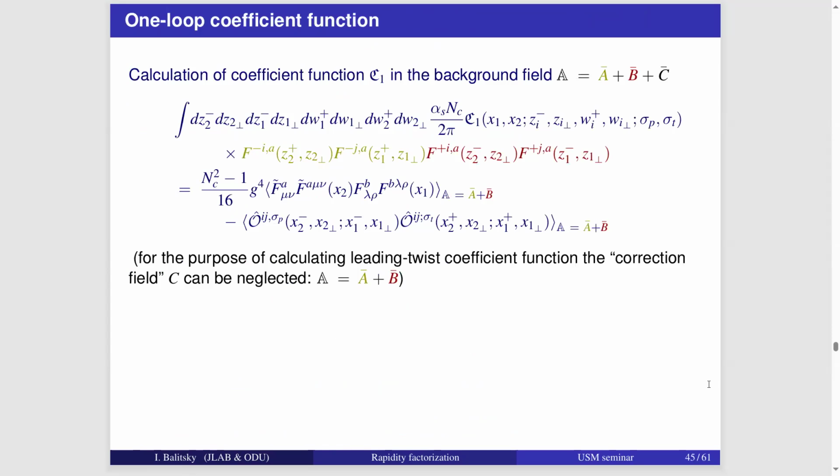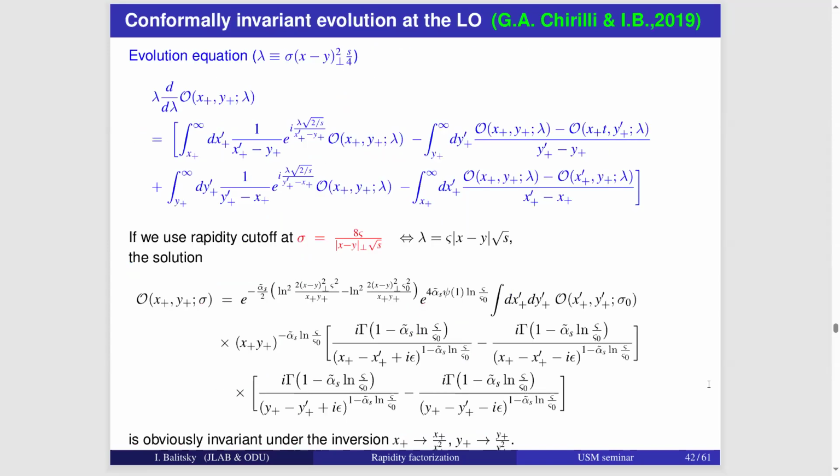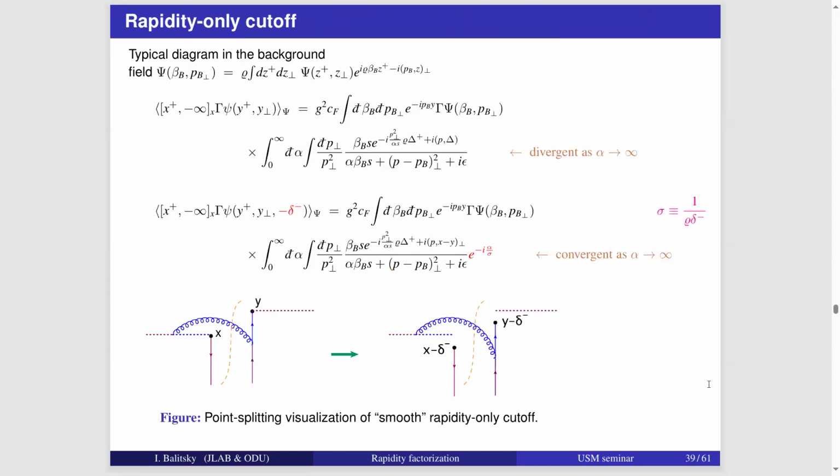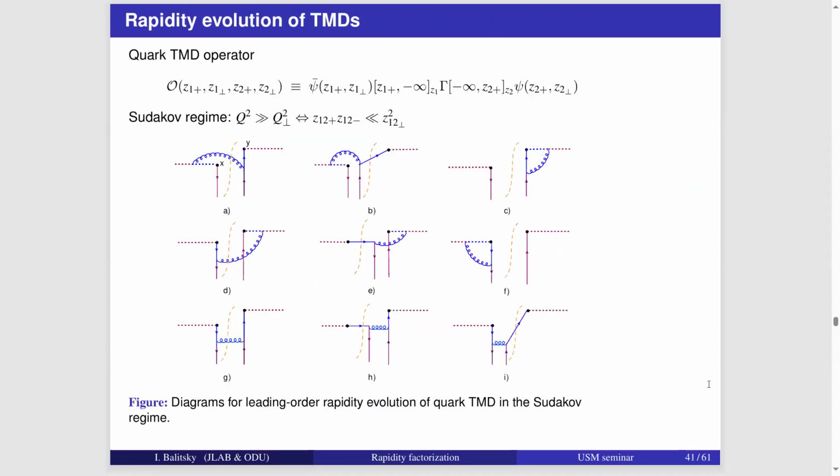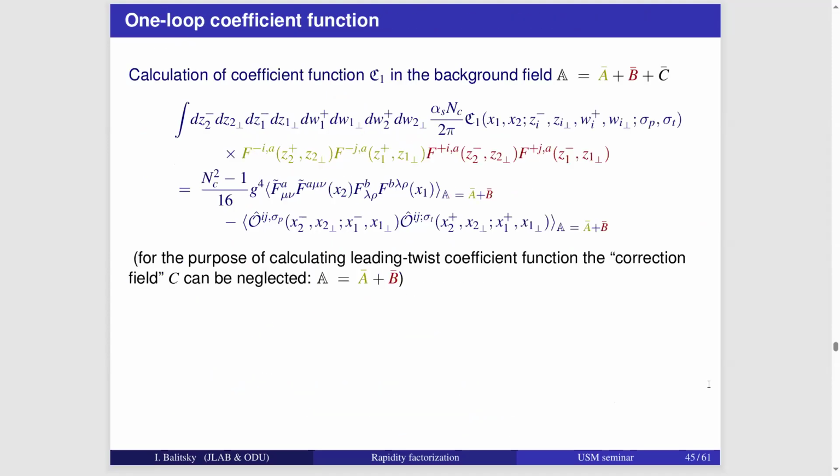Now, the one-loop coefficient function, an integral over these C fields. Again, you need to calculate diagrams. You write down the formula for the NLO coefficient function. It is the diagram minus the matrix element of the TMDs.